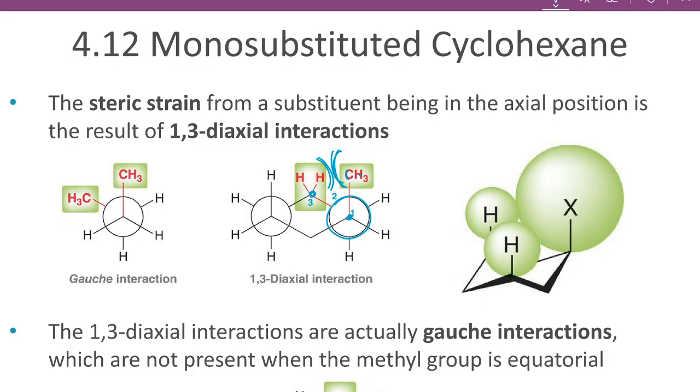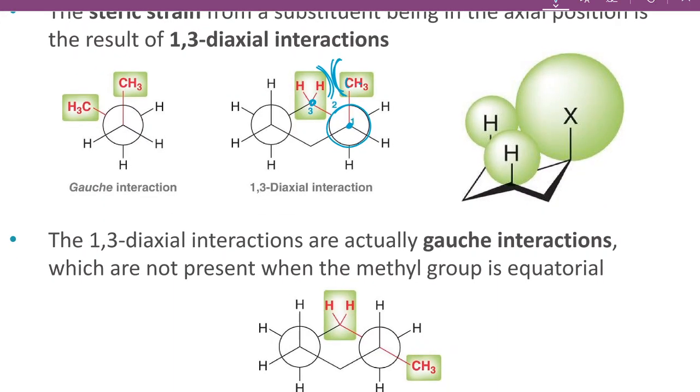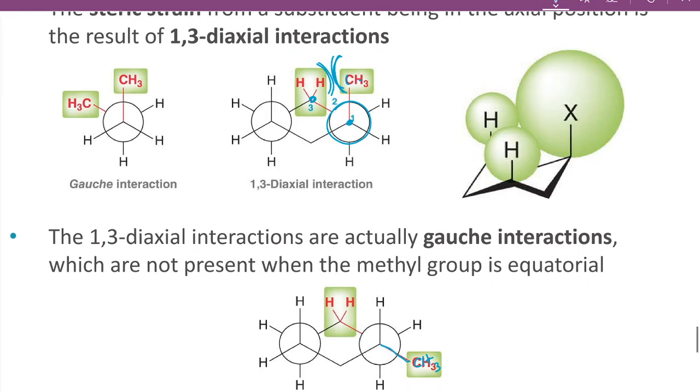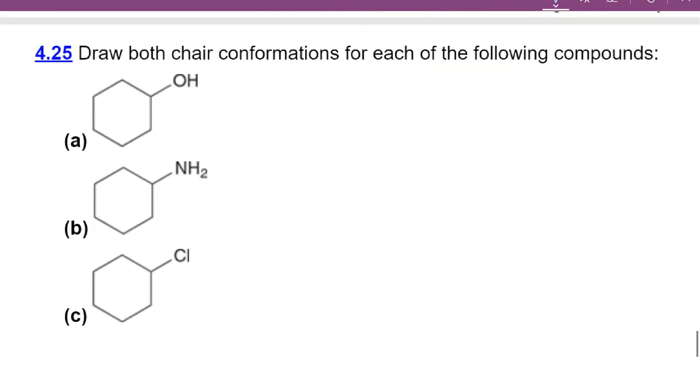As the substituents get larger, those interactions interfere even more. The 1,3 diaxial interactions are like gauche interactions, and they're not present when the methyl group is equatorial, which makes that the more favored conformation.